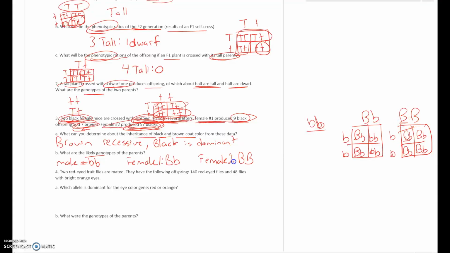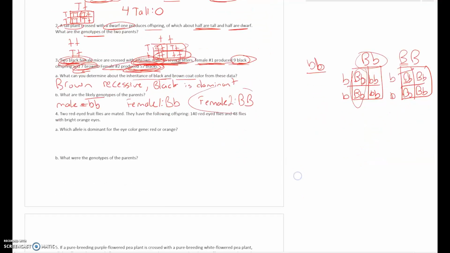The one we're not entirely sure about is female 2. She could potentially have been heterozygous big B, little b, but having 57 offspring all be black when we're expecting 50 to 50 would be exceedingly rare. So we can essentially eliminate that possibility. The odds are so low at that point.